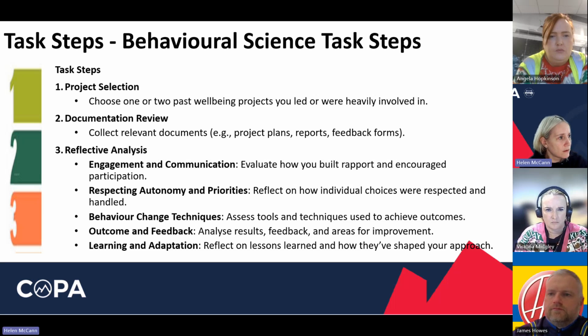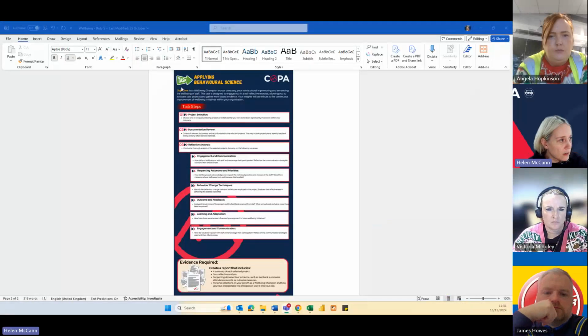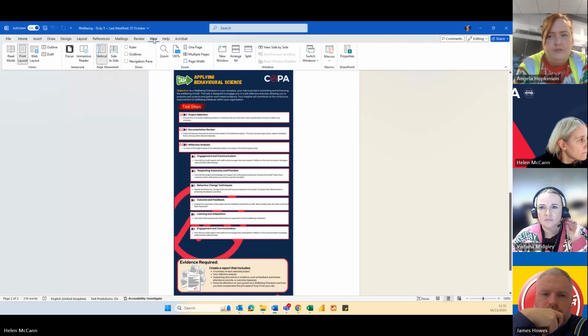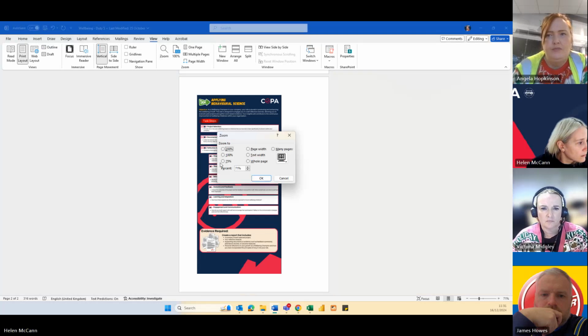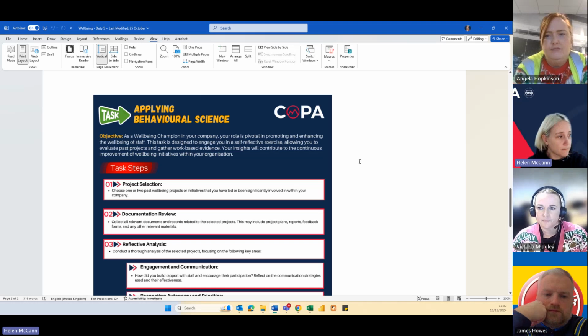Yeah, I've got it there. So if I just share that screen. Can you see the task there? Was it a bit small? Zoom in. There you go. Is that all right?